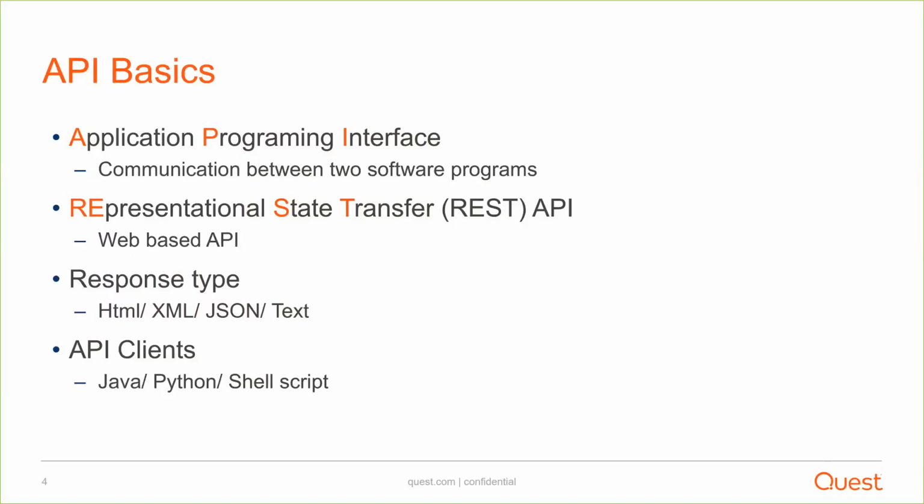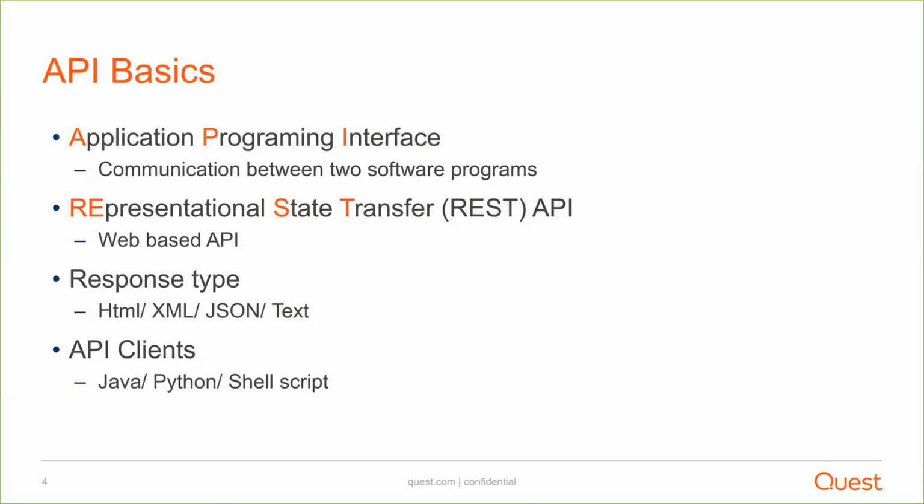Now, if you wonder, hey, I don't know Java, or I know Java, but I'm not an active programmer, or I don't want to write a script from the beginning to make these API calls, or I don't want to do a lot of this programming just to know what this Foglight API is, then you are in luck because you have sample API clients that you can use without having to program.